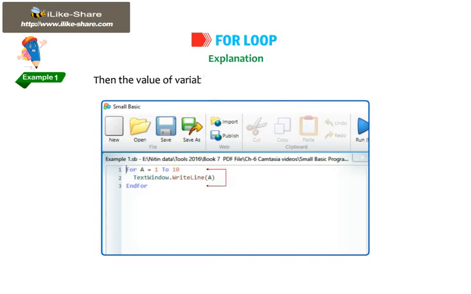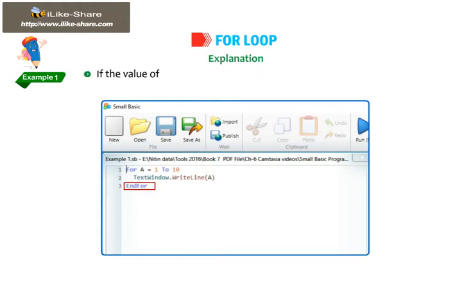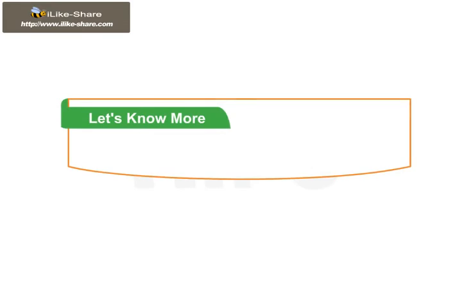Then the value of variable a is incremented, that is, increased by 1. The computer again checks the value of variable a against the maximum limit, that is, the final value. If the value of the control variable exceeds the final value, the control comes out of the For and EndFor looping statement.